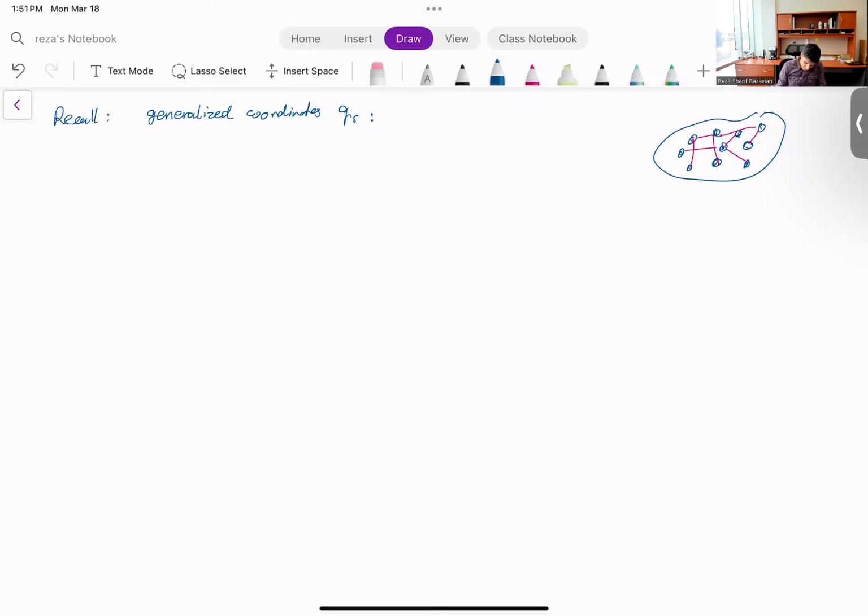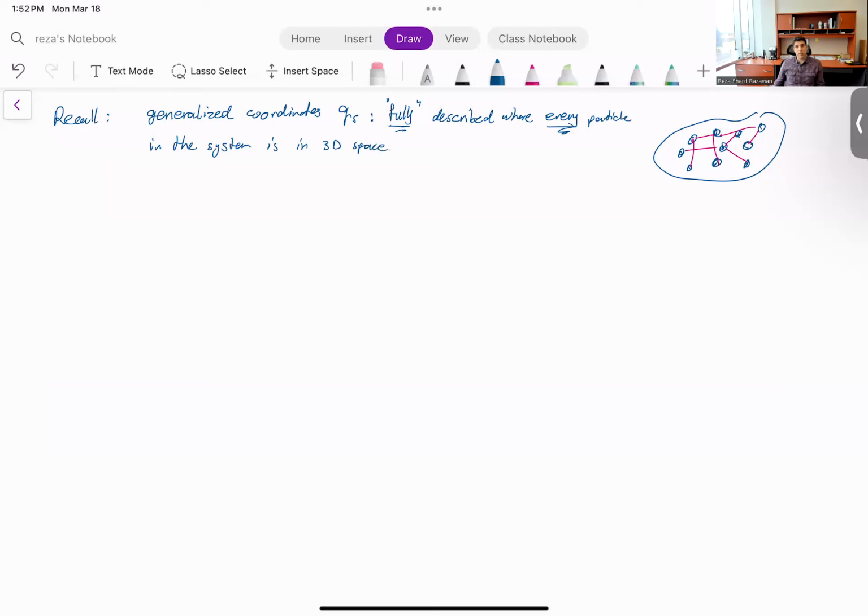So these Q's fully describe where every particle in the system is in 3D space.